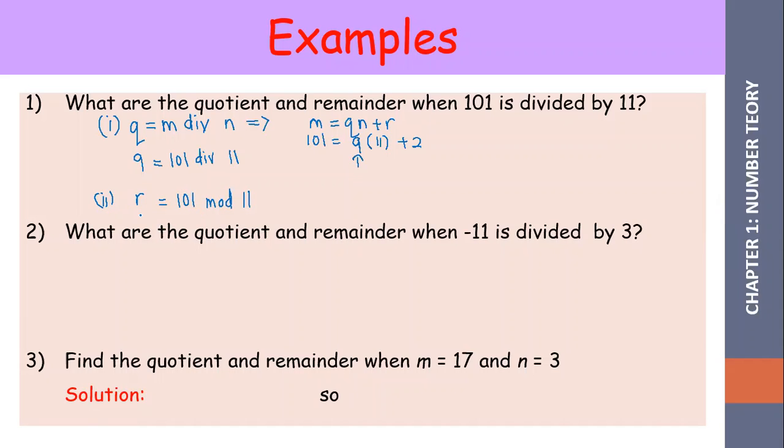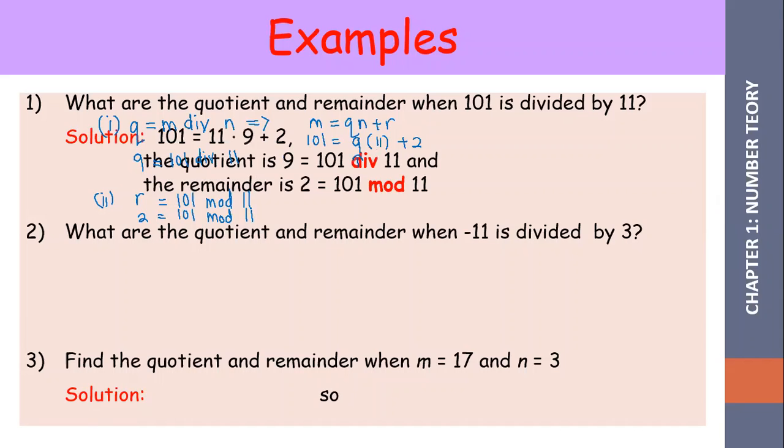So what is r? r is 2, equal to 101 mod 11.